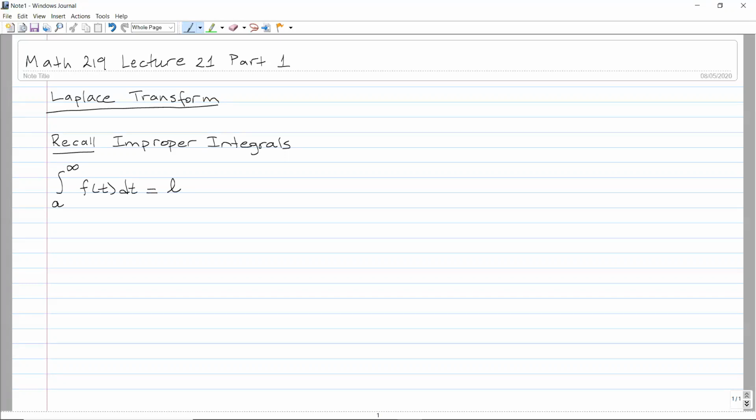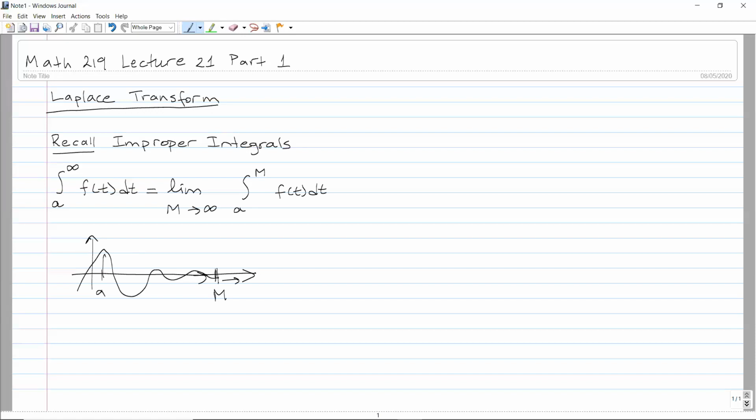We define this to be the limit as m goes to infinity of the integral from a to m of the function. So instead of taking the integral up to infinity, we take the integral up to a number m, and then we let this number m go to infinity.